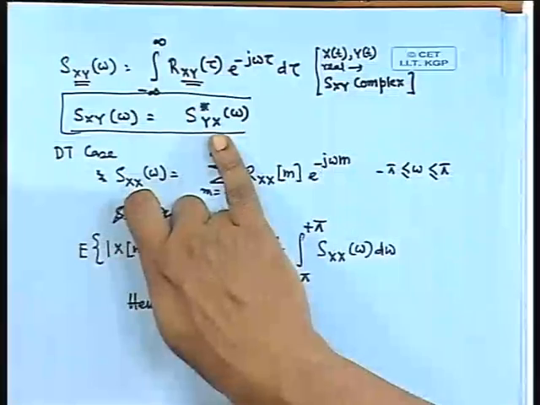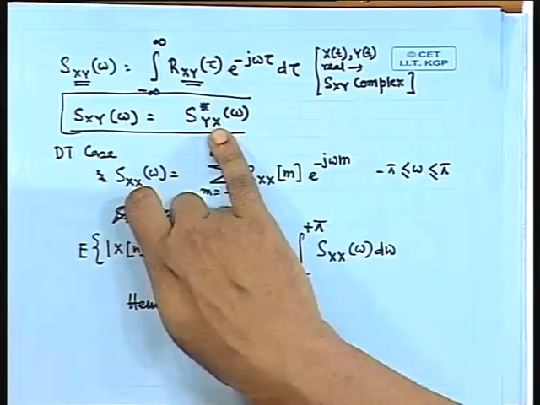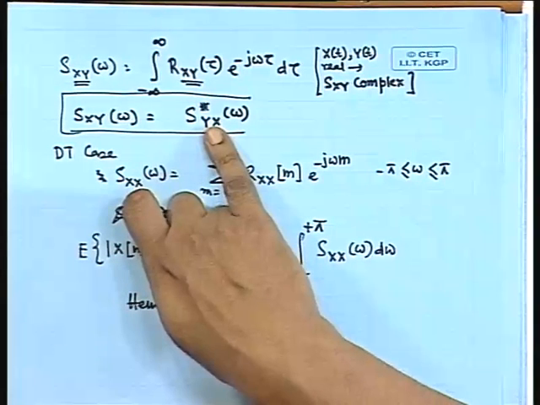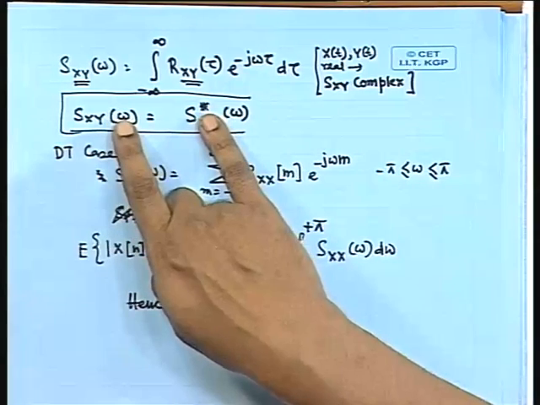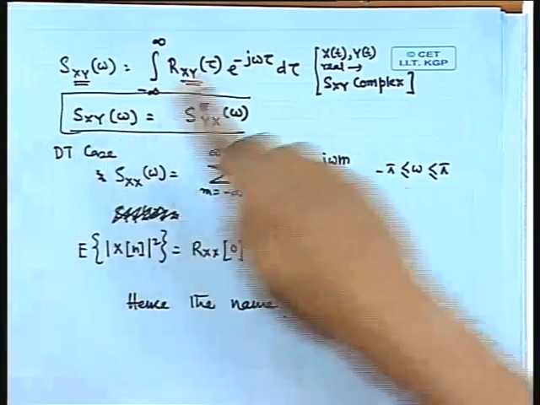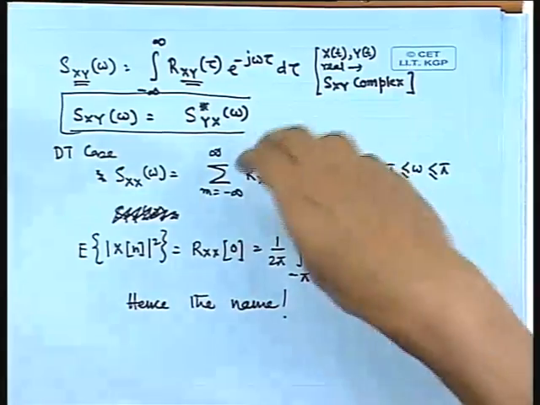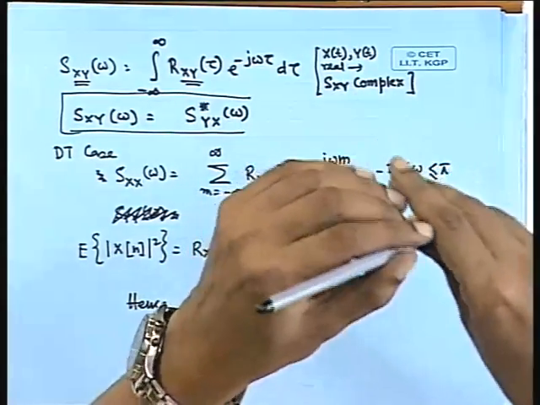If you do xy, you have to convolve with h of minus m. So because of that minus m here you will get a complex conjugate quantity. You can try writing these. Writing everything is time consuming, but simply writing the integral will give you that this will become a complex conjugate quantity of this.